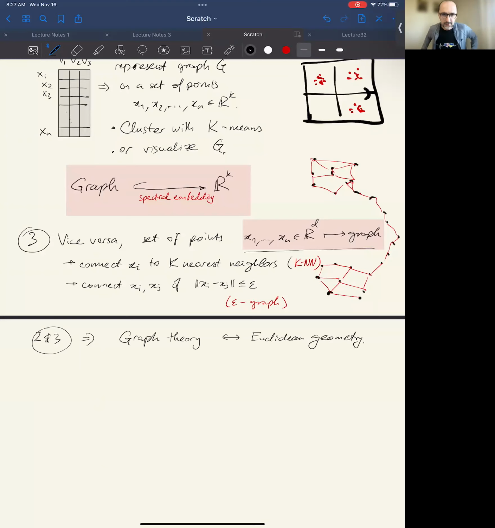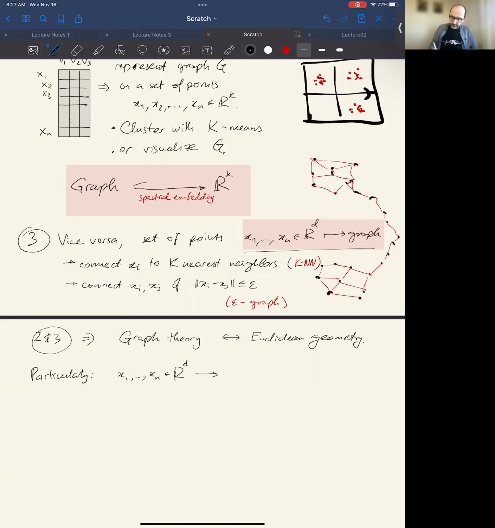It's called geometric graph theory. There's a marriage between these two. In particular, we can apply these two steps together. We can start from the point set in RD, your genes, for example.